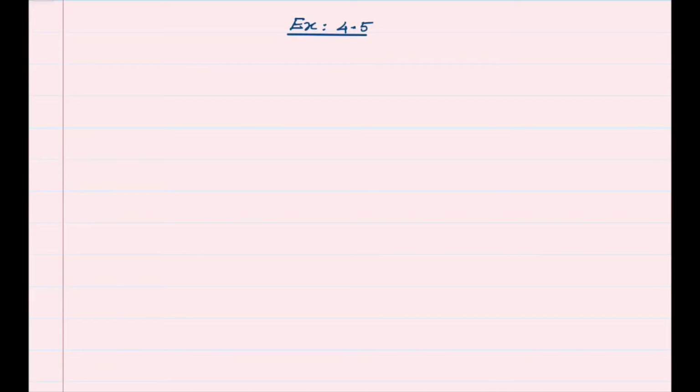Exercise 4.5. Find adjoint of each of the matrices in exercises 1 and 2. First question, we will take the given matrix as A, 1, 2, 3, 4. Adjoint of a 2 by 2 matrix is easy to write. Interchange the main diagonal elements and change the sign of the other elements.